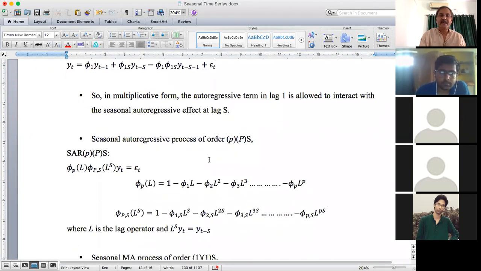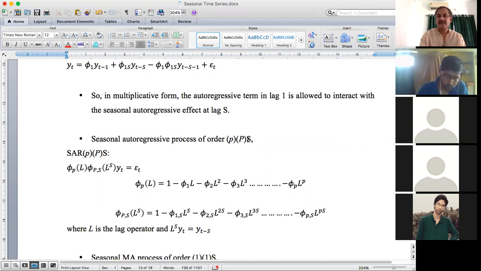Now let us expand the order of autoregression. Seasonal autoregressive process of order P, capital P. Small p denotes the autoregressive order in the non-seasonal part. Capital P denotes the autoregressive order in the seasonal part.